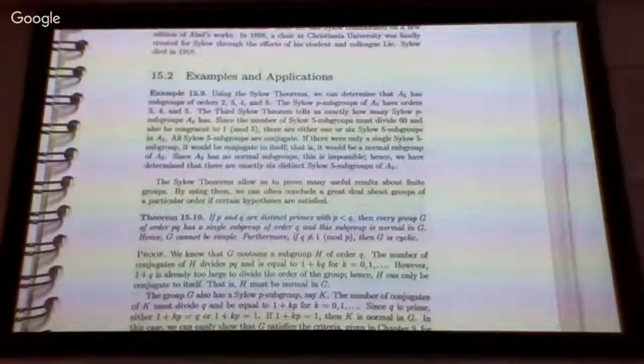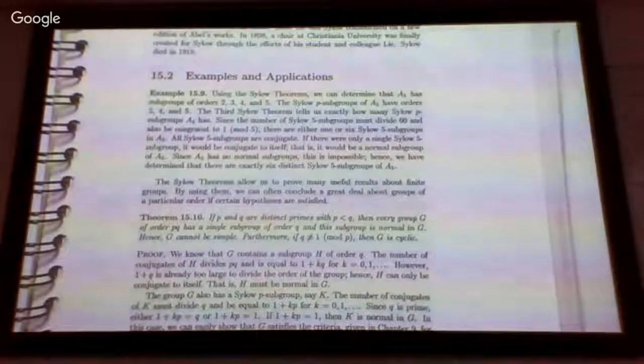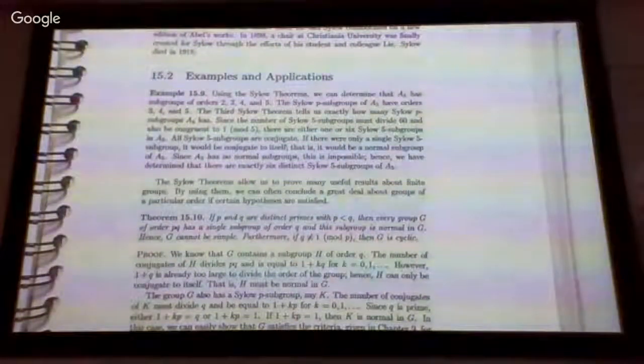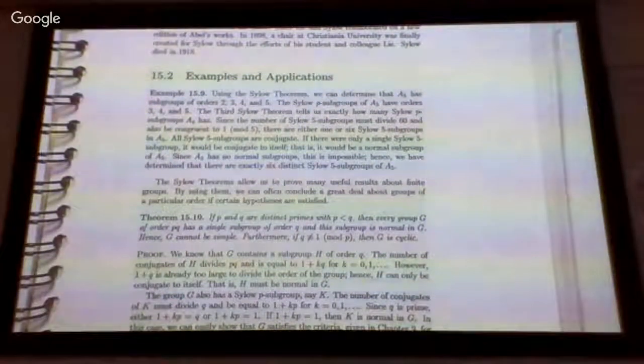The others are 0 mod 3, 10 is 1 mod 3, 20 is 2 mod 3, 30 is 0. And K5 must be congruent to 1 modulo 5 and divide 60. So 6, and 1.